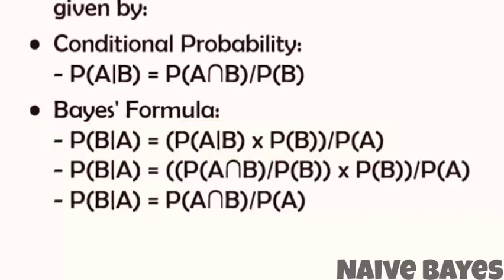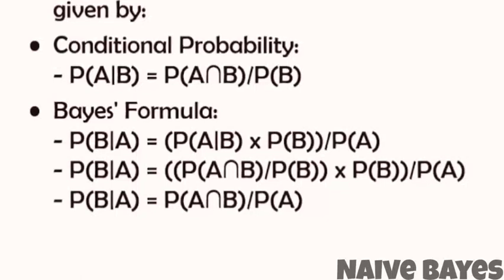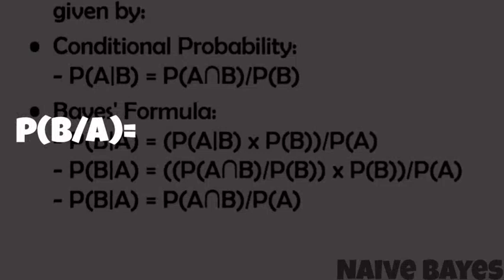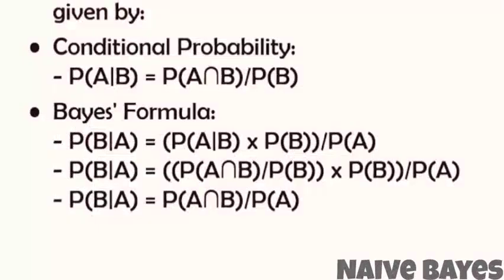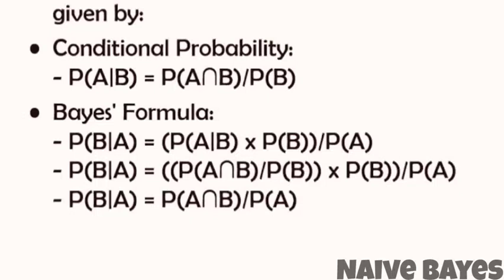Just substituting back the conditional probability over here, probability of A by B is equal to probability of A intersection B divided by probability of B. Over here, the multiplication of probability of B and division of probability of B would cancel out, and finally we'll end up with a formula where probability of B by A is equal to probability of A intersection B divided by probability of A. Here probability of A is usually known as the prior probability, the probability of the hypothesis before observing the evidence, and probability of B is the marginal probability, that is the probability of the evidence.